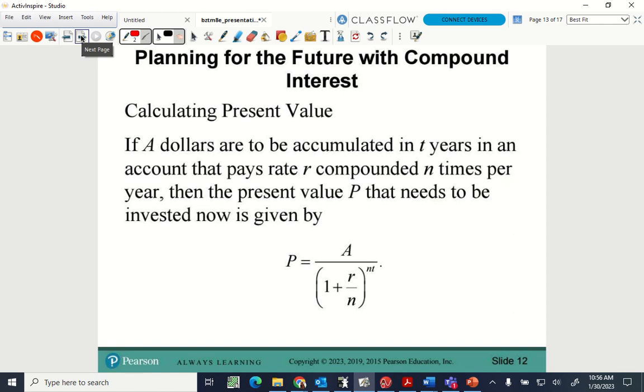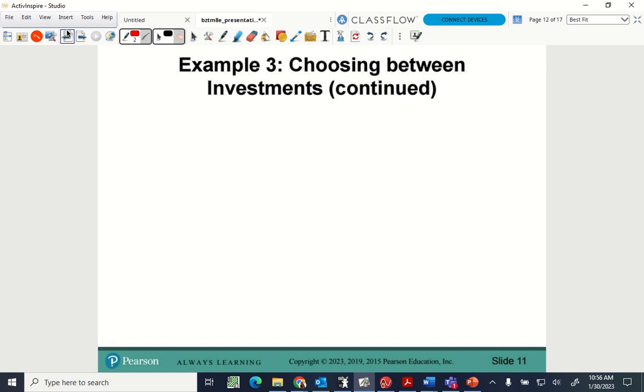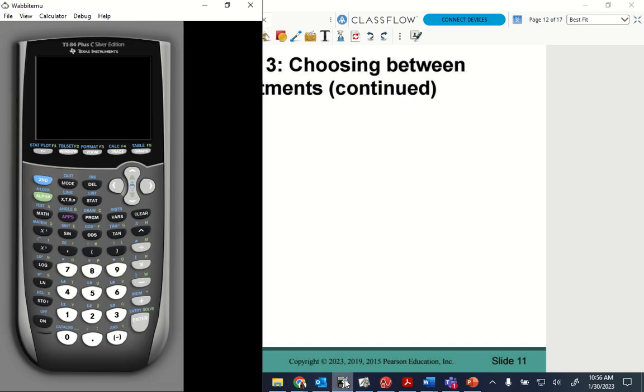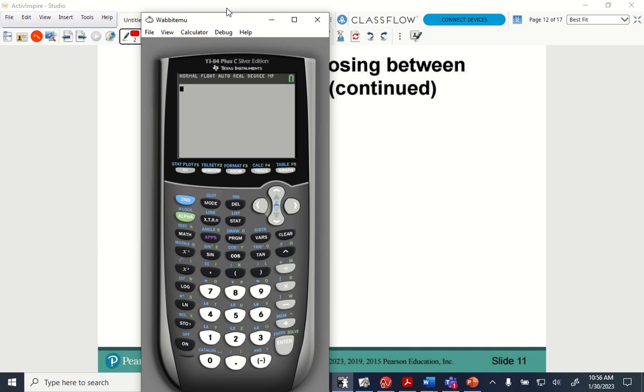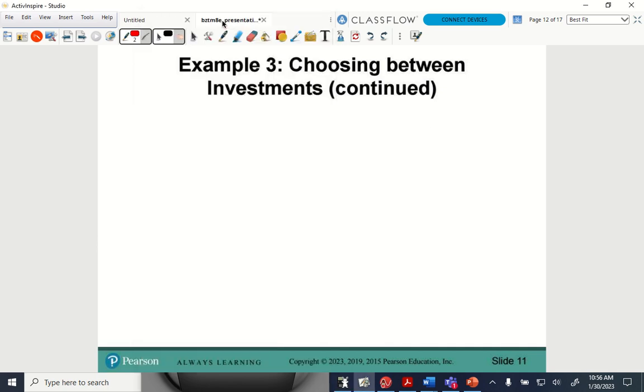And I'm going to show you how to do this using the other calculator. Hold on, let me go back. On this calculator here, that's weird. Why is it big? Anyway. Why did it go weird?